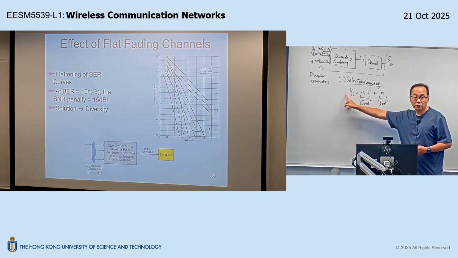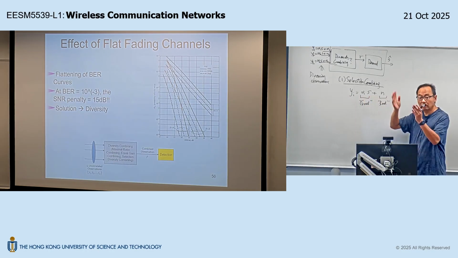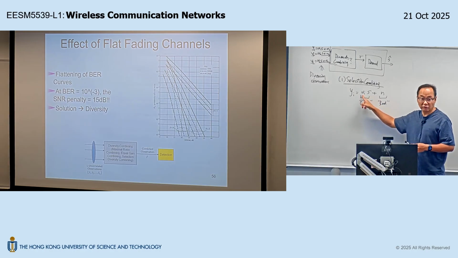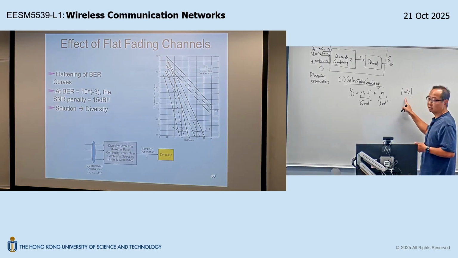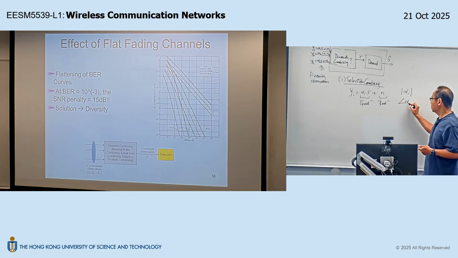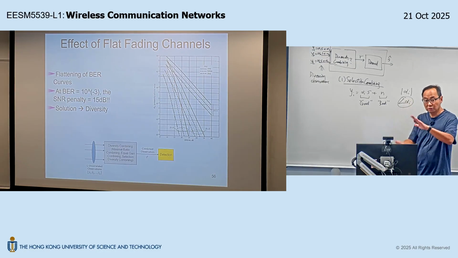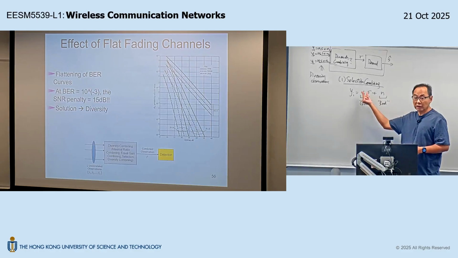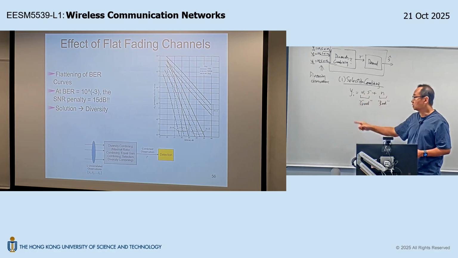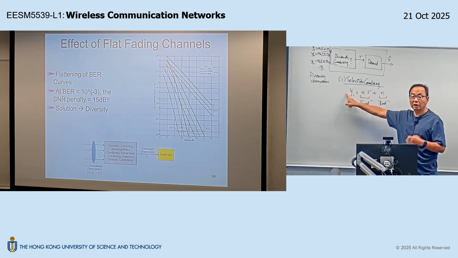If this observation has a very large magnitude of alpha, by the way, this alpha is the fading coefficient, a complex number. This fading coefficient has 2 effects. The magnitude of alpha gives you attenuation. The argument of alpha gives you phase rotation. If the magnitude of alpha, the so-called fading gain, is large, then this term will be large, right? The good term will be large, and that means this will be a reliable observation because most of the energy is coming from the good term.